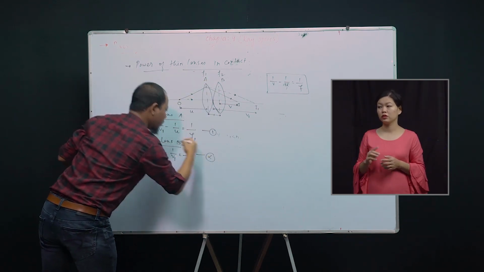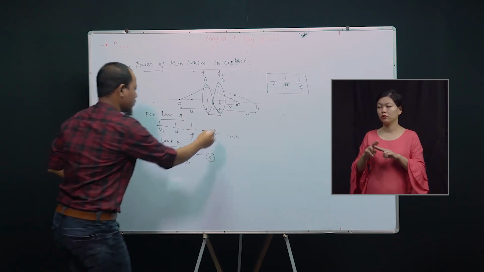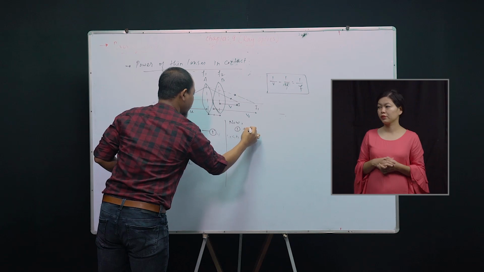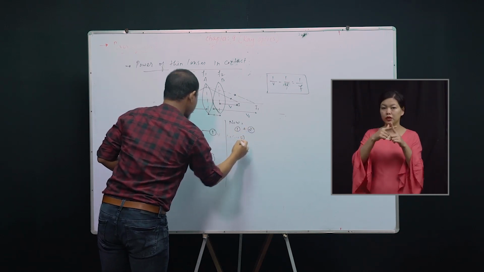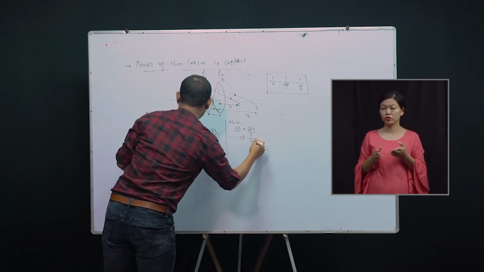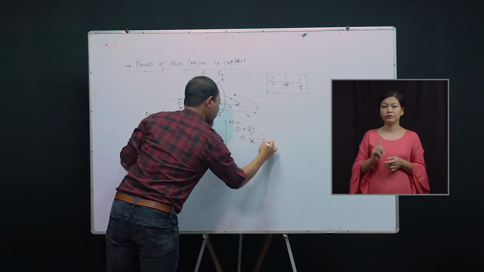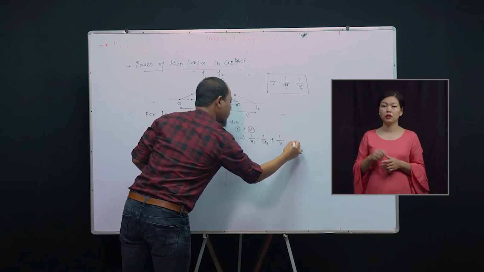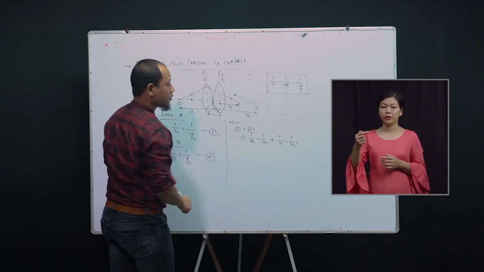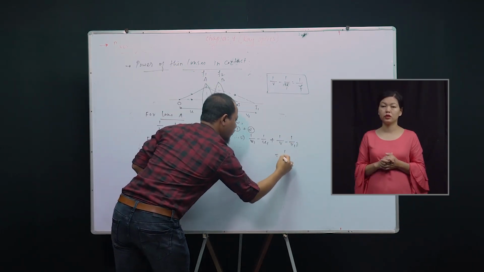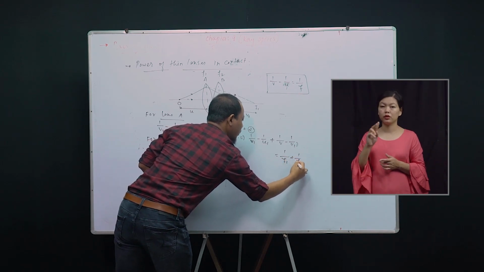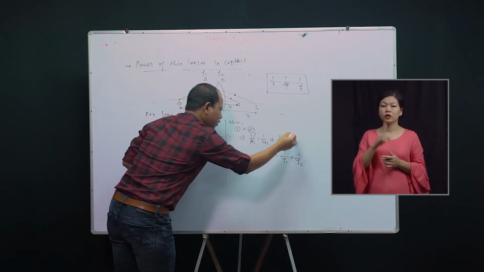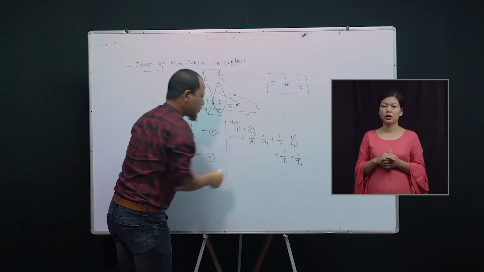Now I'll add these two, adding equation 1 and equation 2. So I can write 1 by V1 minus 1 by U plus 1 by V minus 1 by V1 equal to 1 by F1 plus 1 by F2. Here 1 by V1 are like terms with opposite signs, so I can cancel them out.